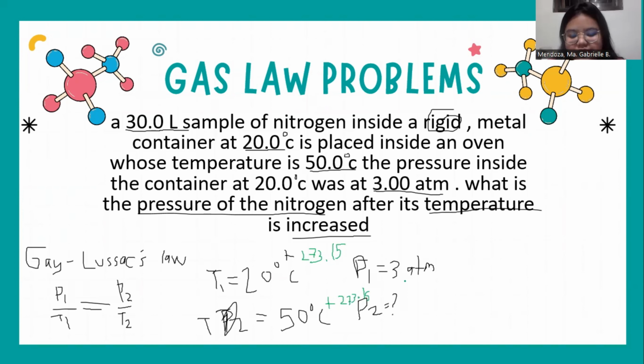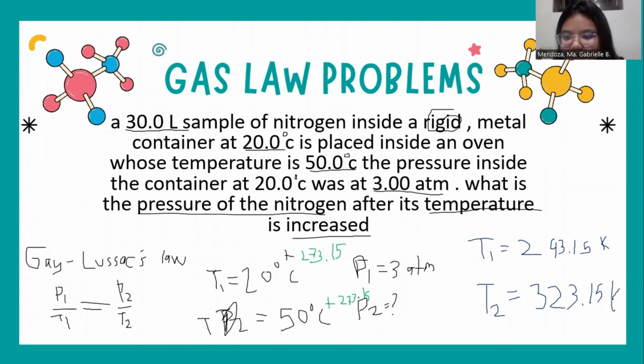So, 273.15 plus 20, our T1 in Kelvin is 293.15 K. Next, our T2 is equal to 50 plus 273.15, that would be 323.15 K.